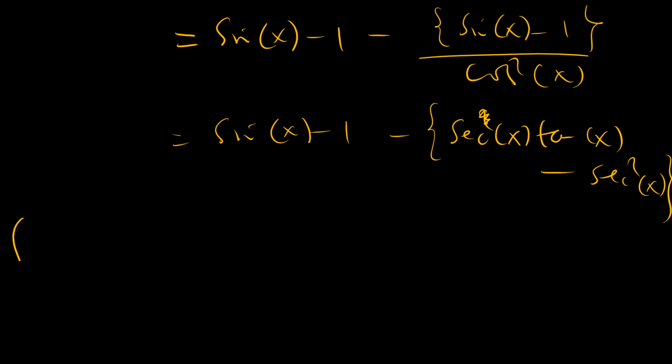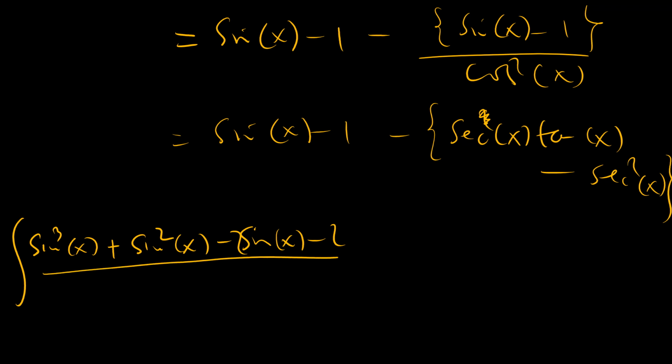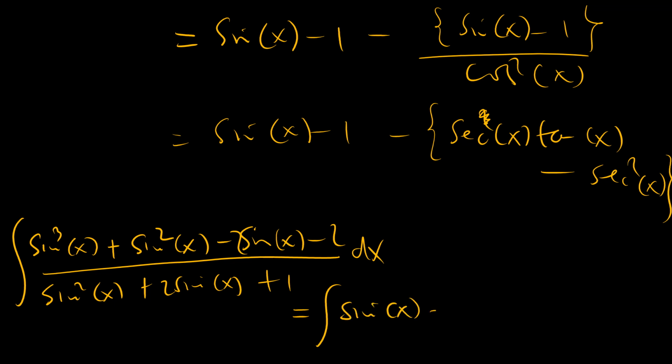So our original integral, of sine cubed x plus sine squared x minus 2 sine x minus 2 all over sine squared x plus 2 sine x plus 1, is equal to the integral of sine x minus 1 minus sec x tan x minus sec squared x dx.